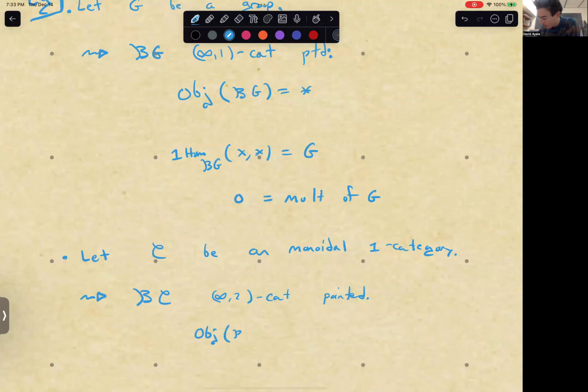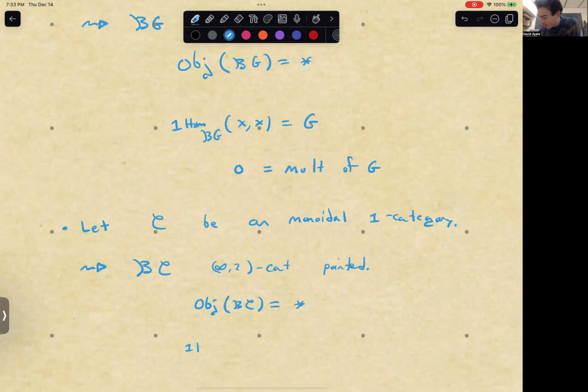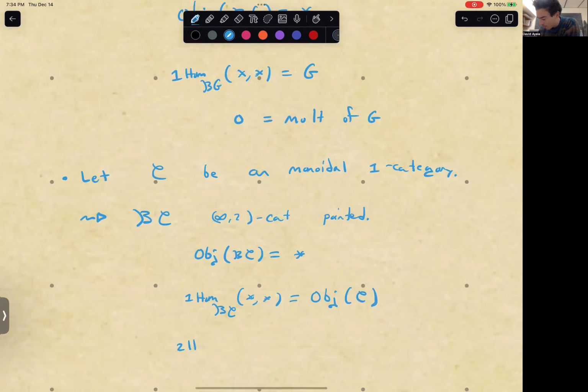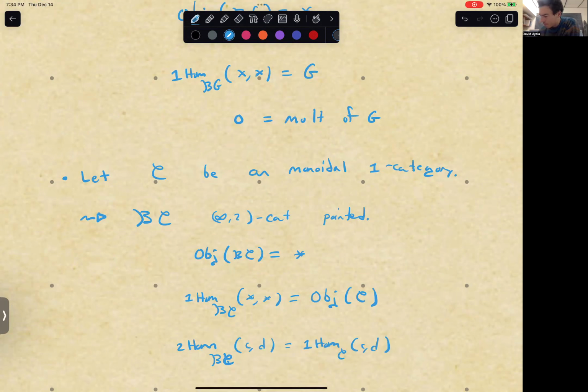There are a few ways of describing the moduli space of objects, and one is just a point. And the one Hom in this construction from point to point is the moduli space of objects of C, and the two Hom from c to d is the one Hom in C from c to d. And you can see this is pointed as well.